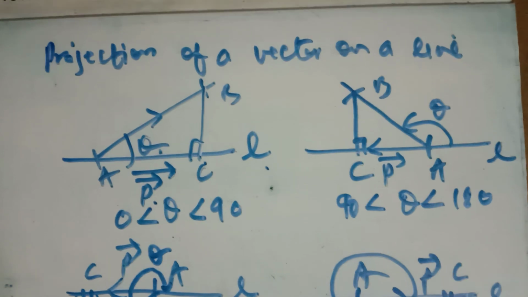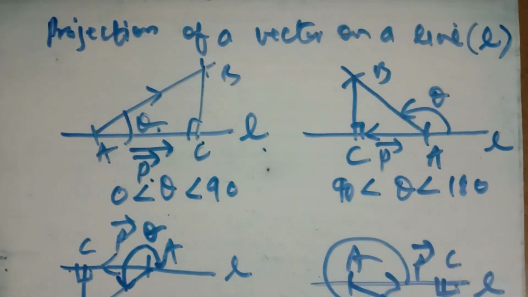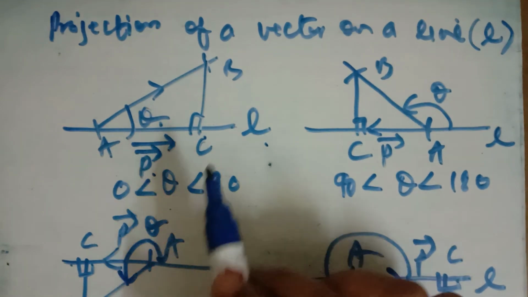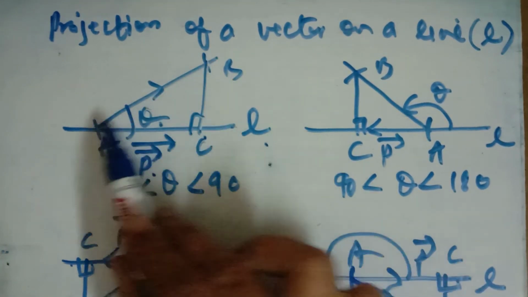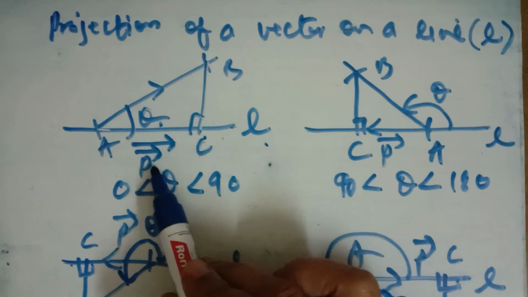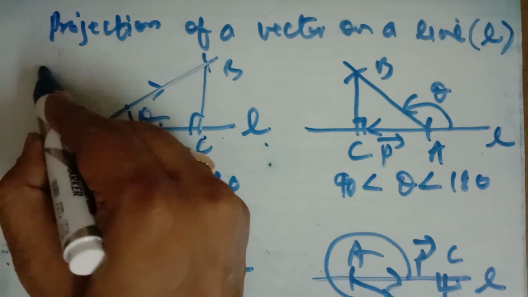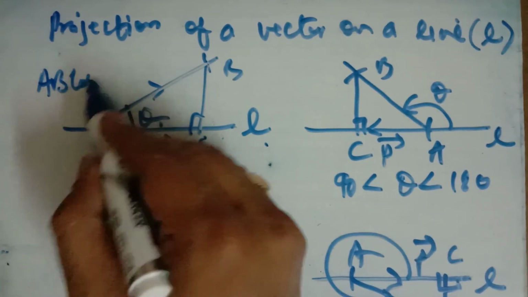So what is the projection of a vector on a line, let us say L? Listen to it very carefully. The projection of vector AB on the line L is the vector P. Let us say it is a vector P with the magnitude AB cos theta, by using trigonometry.